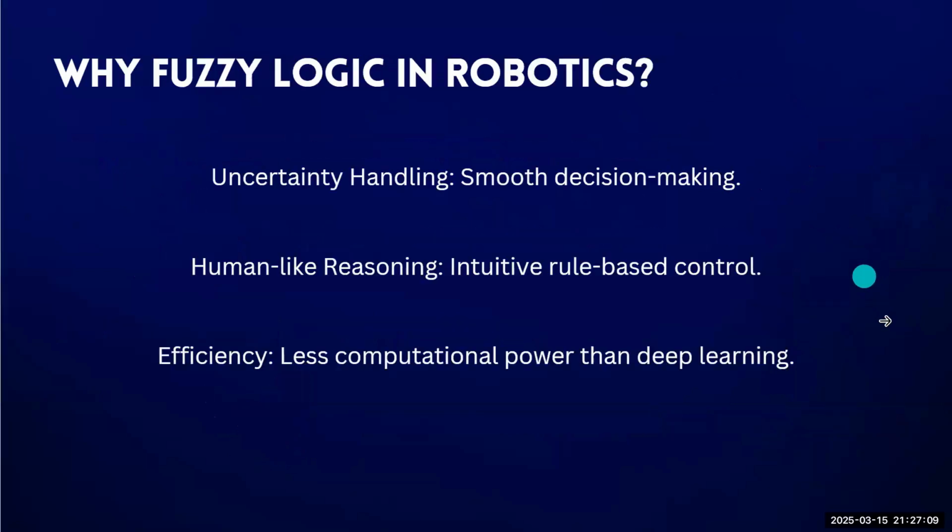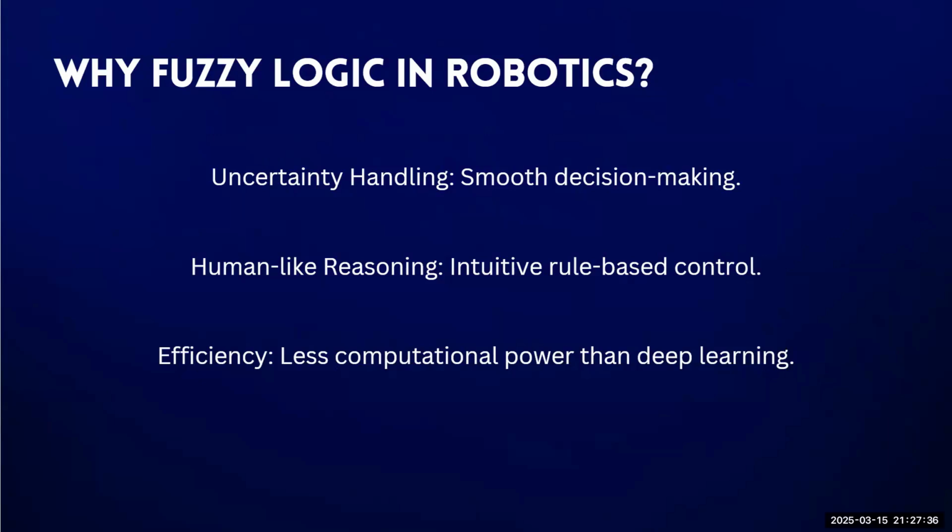So why am I saying we need to use fuzzy logic in robotics? Fuzzy logic can help us make smooth decisions, and it can reason like humans. Humans reason with rules, and this requires less computational power than deep learning models, which require a lot of data.